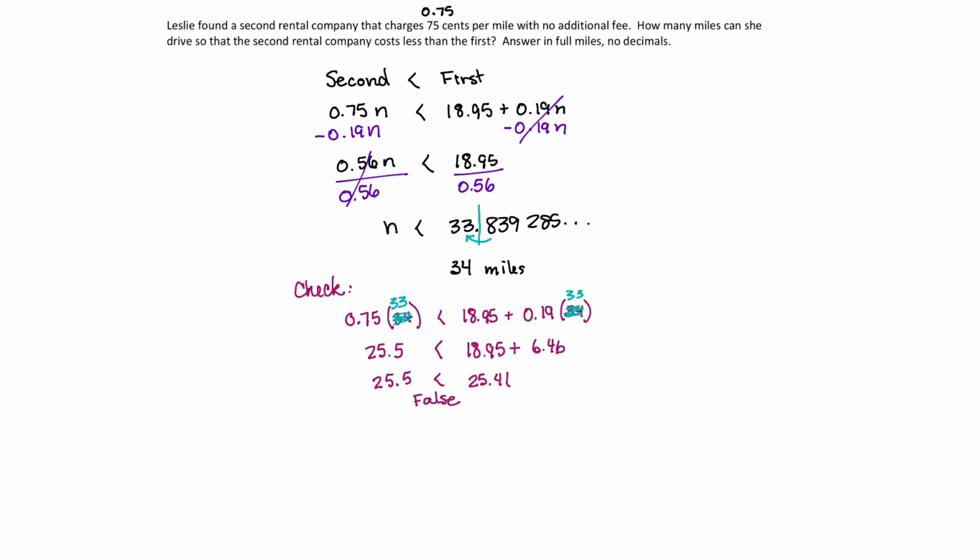You can see. Okay, so redoing it with the 33 gives us 24.75 is less than 18.95 plus 6.27. So 2475 is less than 2522.